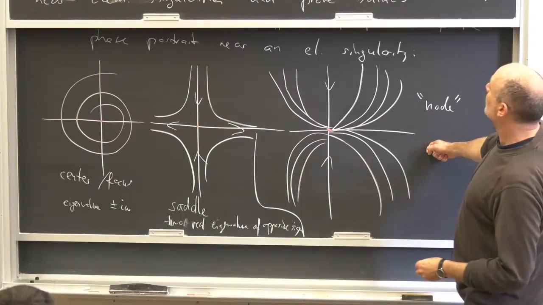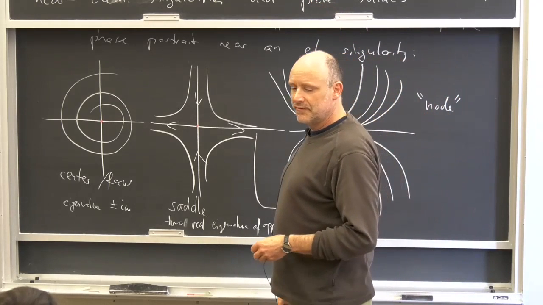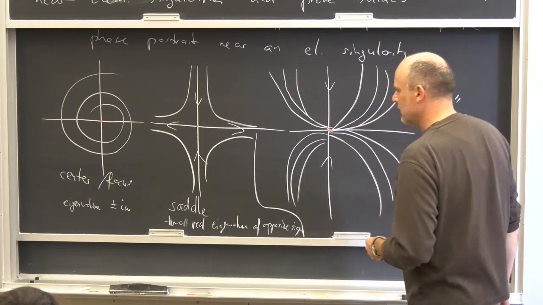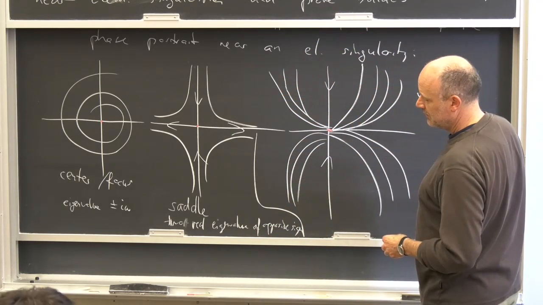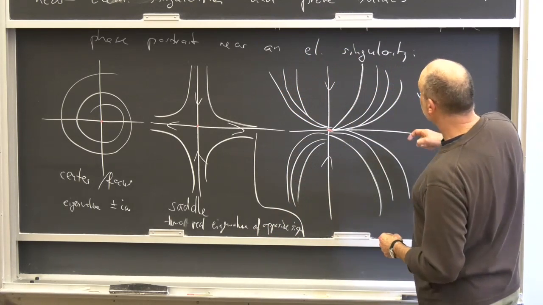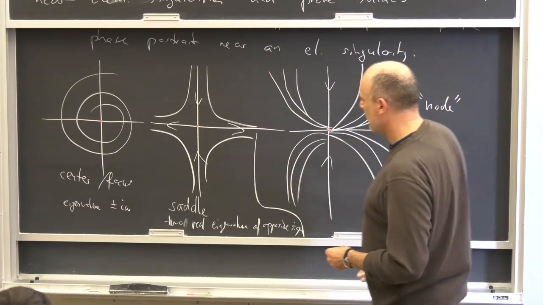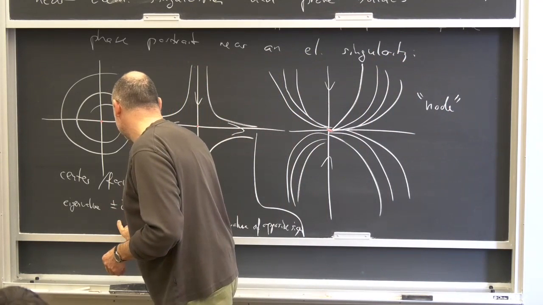Excuse me, Patrick. Sorry. Oh, that's the complex conjugate. Yes. In the first case, for center focus, you can also have complex conjugate eigenvalues with non-zero real part. Yes, the center focus is just that you have non-real eigenvalues.